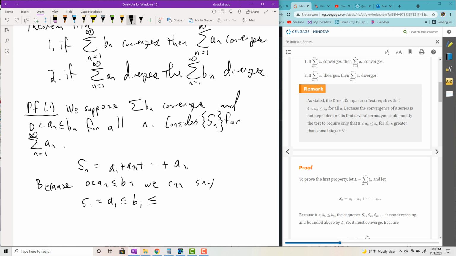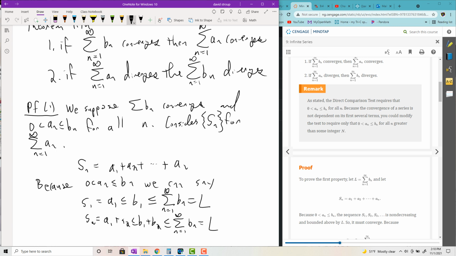Because b sub n converges, we know that the series n equals 1 to infinity of b sub n will equal some number, we'll say L. Then S sub 2 will be a sub 1 plus a sub 2, which will be less than or equal to b sub 1 plus b sub 2, which again will be less than or equal to the infinite sum from n equals 1 to infinity of b sub n, which equals L.